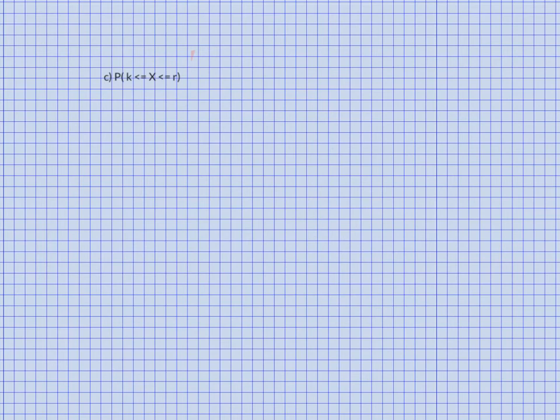So part C in this question asks us to find the probability that x is between k and r. Now, the probability that x is between k and r is equal to the probability that x is less than or equal to r minus the probability. And it's probably worth just checking here. Let's just check a number line. So here's a number line with all of the values on it.